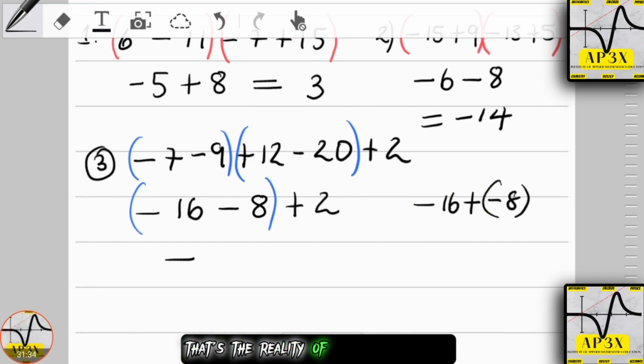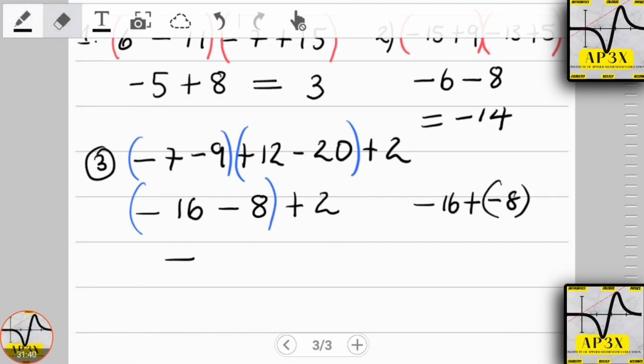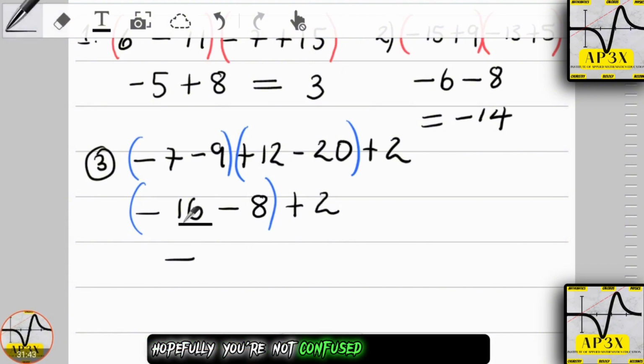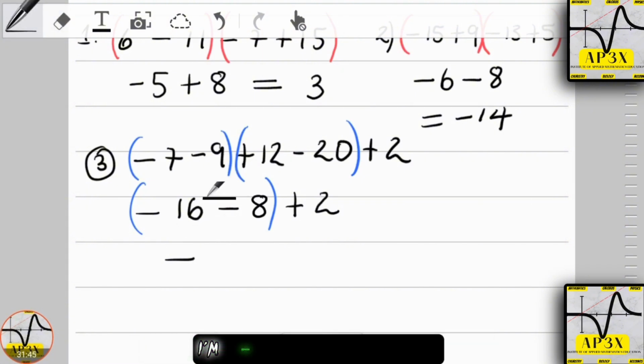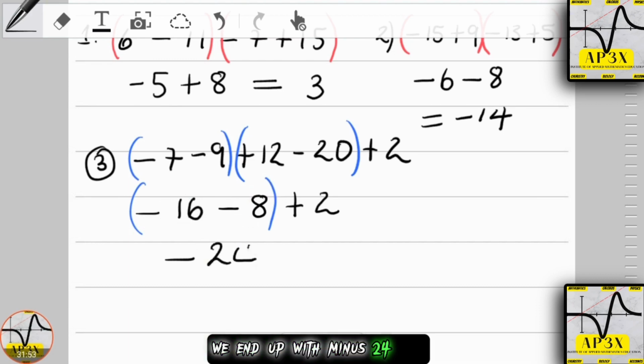That's the reality of what's happening. That is why you keep hearing me saying I'm going to be adding both numbers and keeping the common sign. So hopefully you're not confused as to why I said I'm going to be adding both numbers, because that's the rule. We add both numbers and keep the common sign. So we end up with minus 24 here.